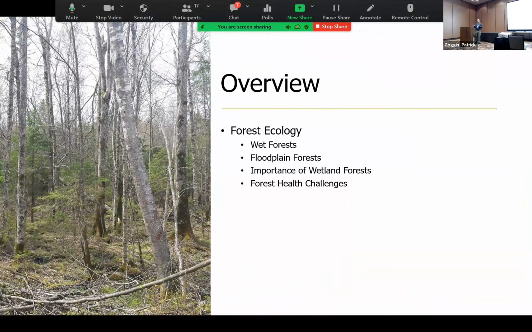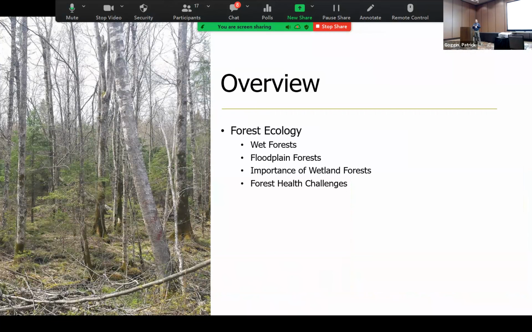So just a little overview. We're going to start the first part of this talk talking a bit about the forest ecology of forested wetlands, so I'm going to give some definitions there. Then we're going to look at the importance of those forested wetlands, and maybe more importantly, some of the challenges those wetlands have faced over the years.